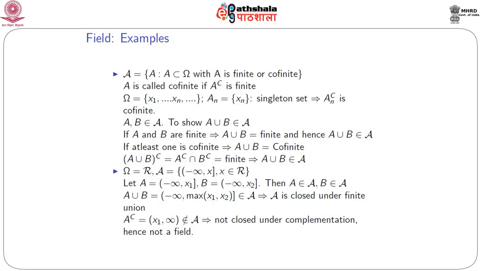It is clear that both A and B belong to script A. If you take the union of A and B, it will be minus infinity to the maximum of x1 and x2. Once again, it belongs to script A. So, script A is closed under finite union.